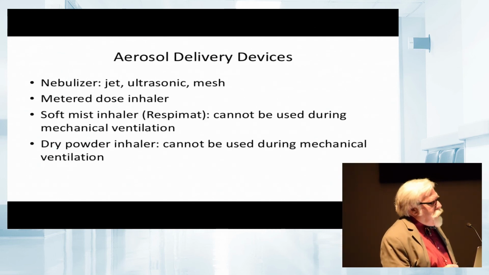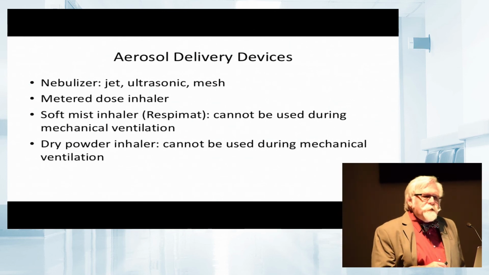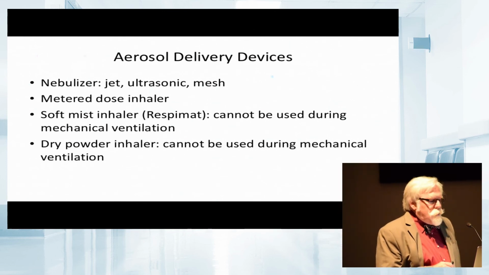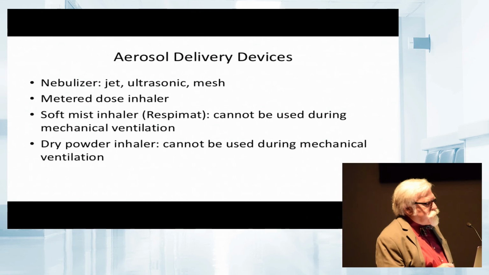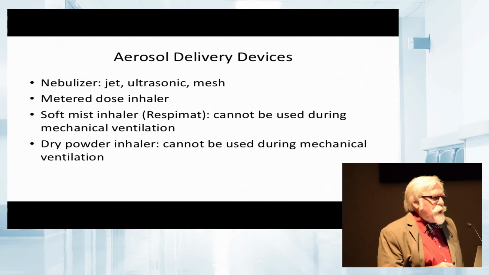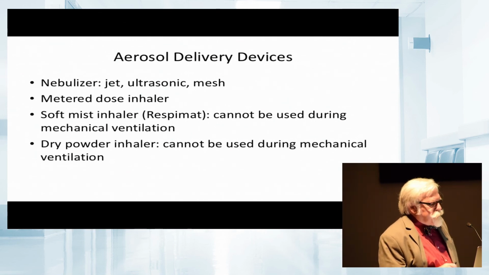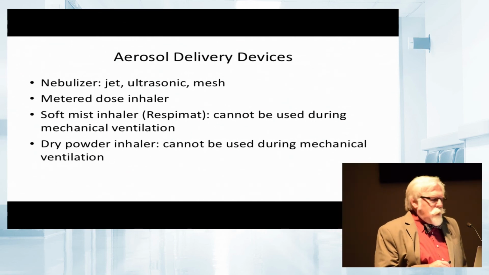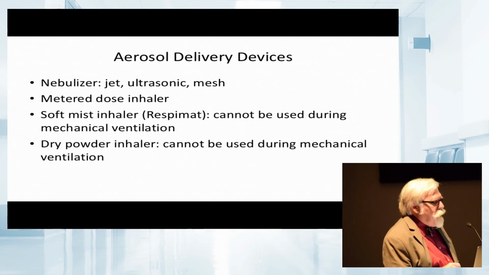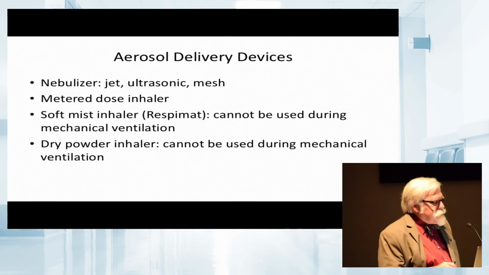There are a number of aerosol delivery devices that we might use. These include the nebulizers, which can either be a jet nebulizer or an ultrasonic nebulizer or a mesh nebulizer. We can use metered dose inhalers, and I will talk about nebulizers and metered dose inhalers in some detail over the next several minutes.